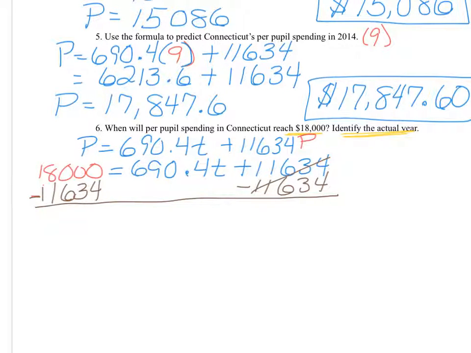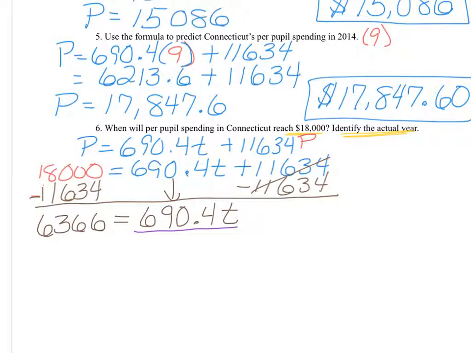So 18,000 minus 11,634, we get 6,366 is equal to, bring this down, 690.4 T.